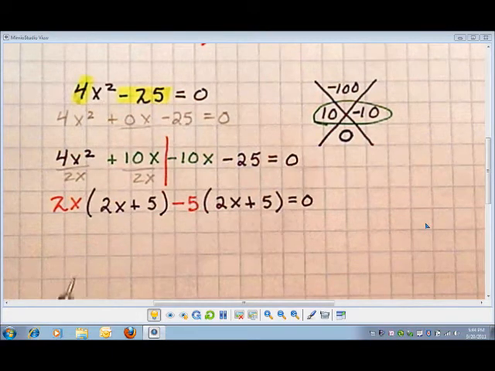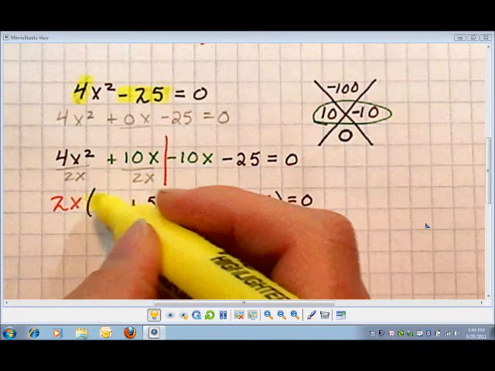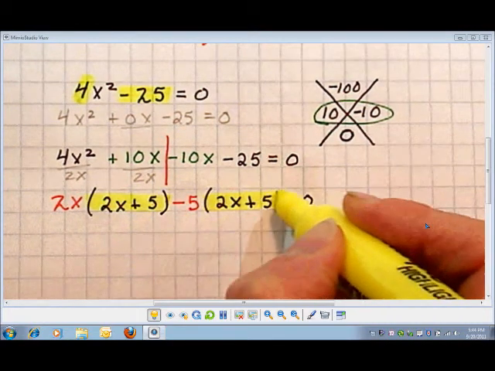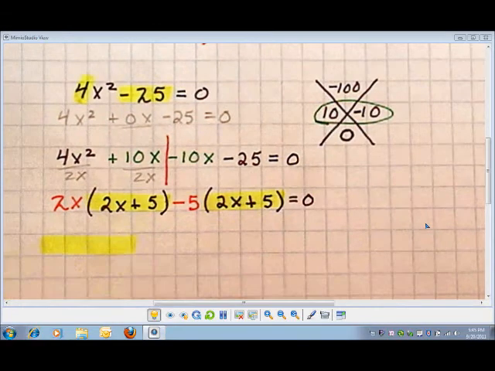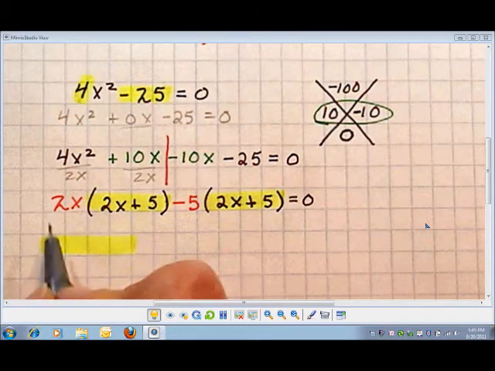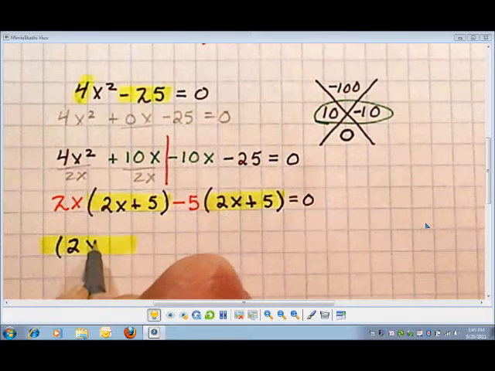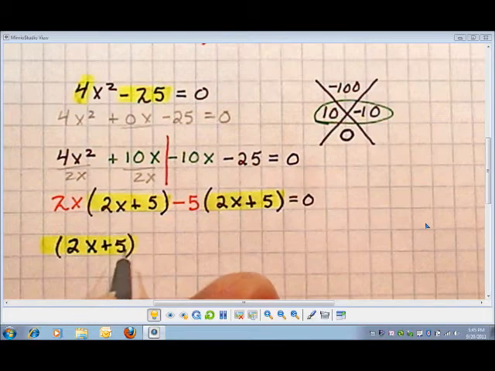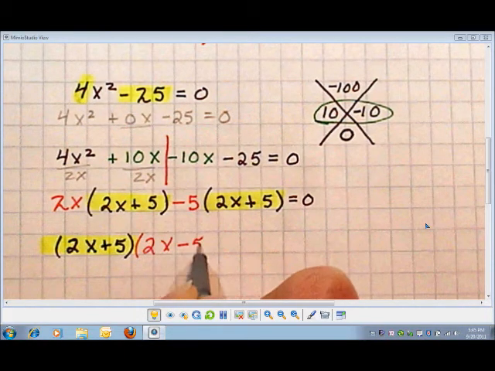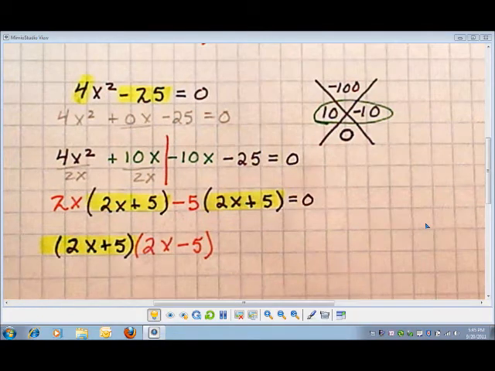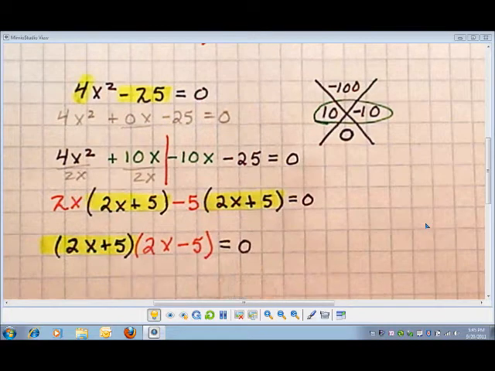Okay, so now you can see I have common binomial factors that I can factor out. So I'm going to take out that factor, 2x plus 5, and then I'm left with 2x minus 5, and all of that equals 0.